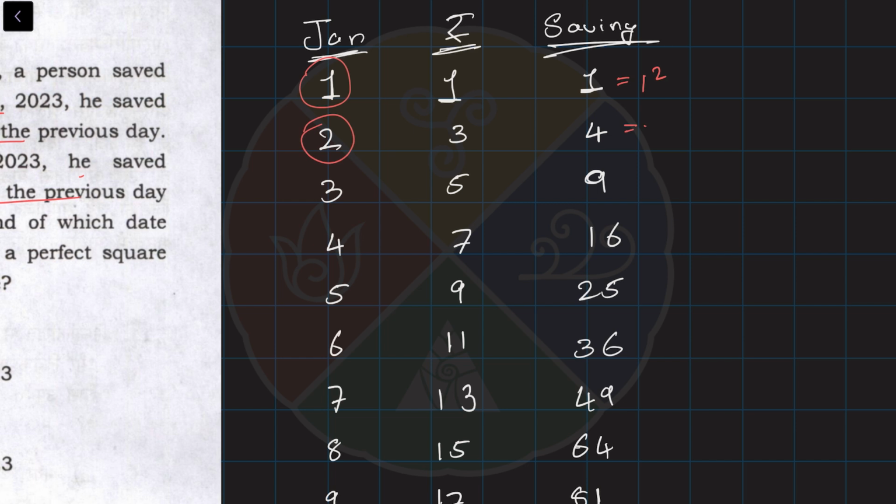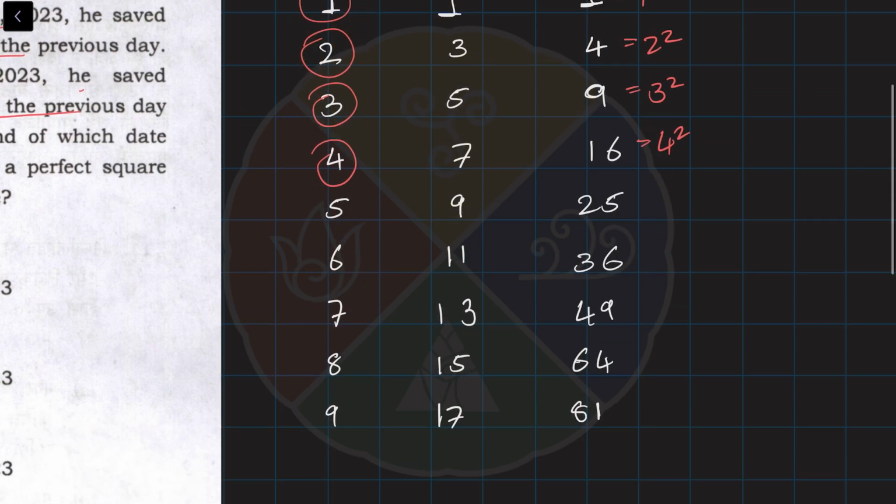On the second day, you get 2 square. On the third day, 3 square. On the fourth day, 4 square. And it keeps on going like that: 5 square, 6 square, 7 square, 8 square, and 9 square.